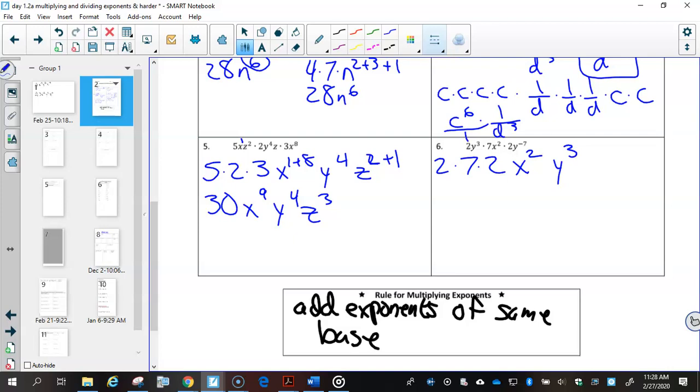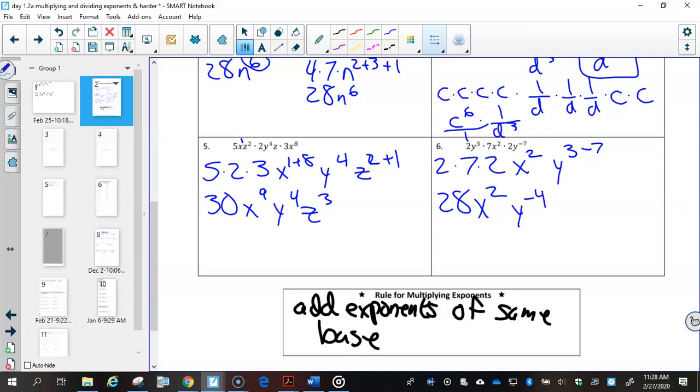So instead of saying 3 plus negative 7, you can just write 3 minus 7. We're still adding, but we're adding a negative, so we end up subtracting. What's 2 times 7 times 2? 28. X squared. What is our new y? Y to the negative 4.